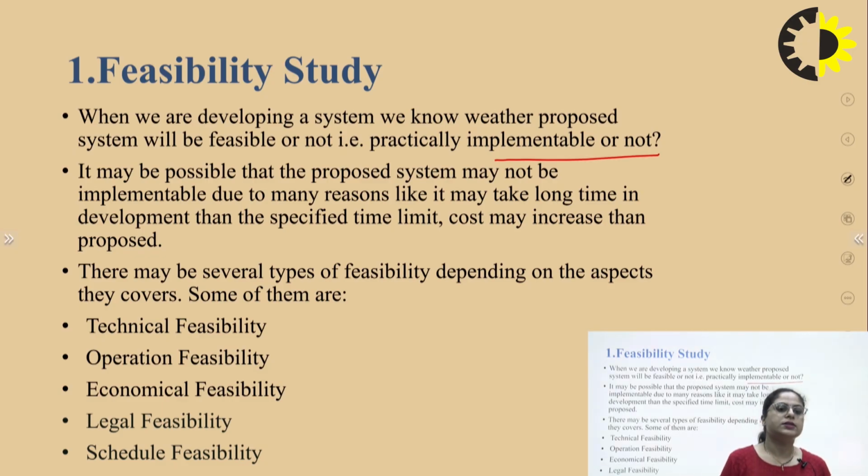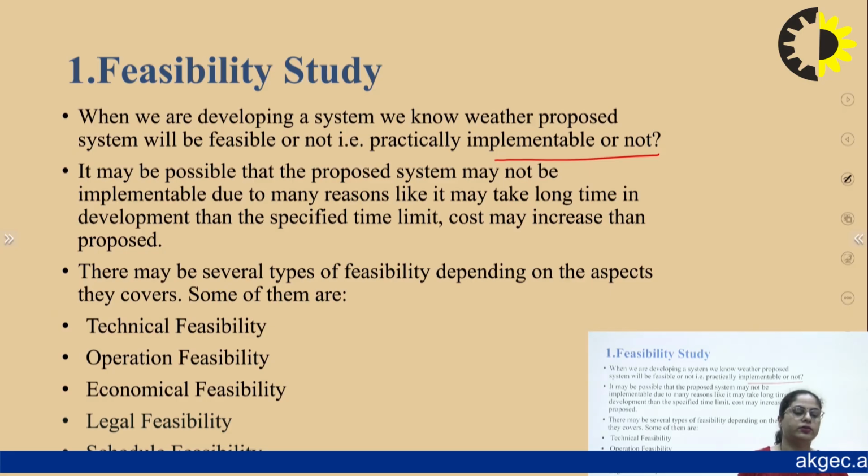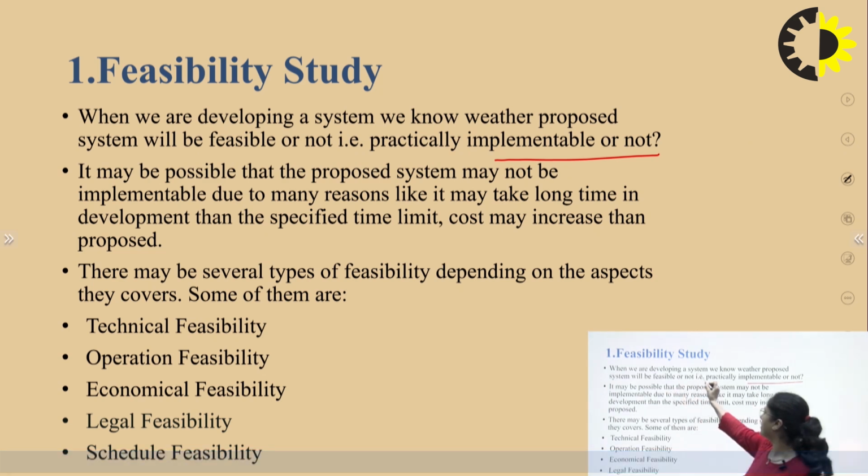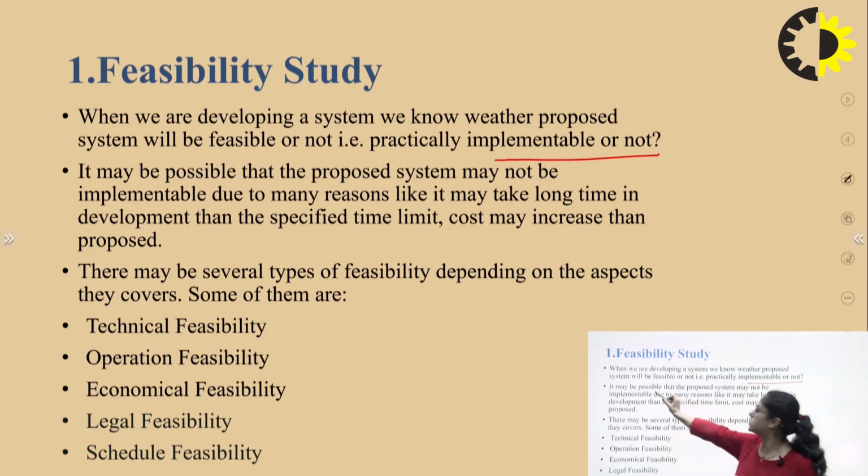If we are making some software, first we need to analyze and check the feasibility of that software, whether it is possible to make it or not. It may be possible that the proposed system may not be implementable due to many reasons.